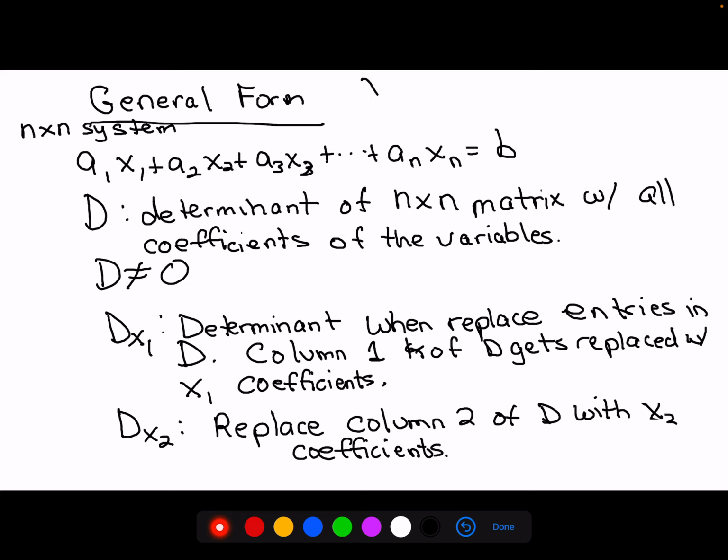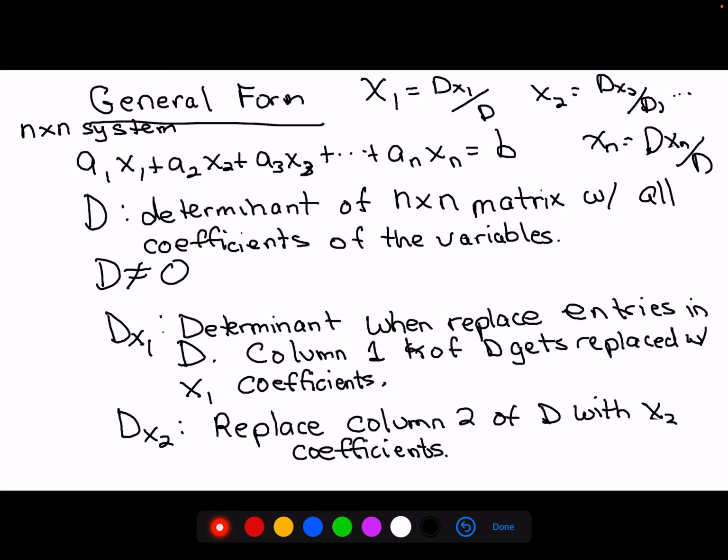So you're still going to get x sub 1 is D sub x1 over D, x sub 2 is D sub x2 over D, and so on, so D sub xn over D for x sub n. Same idea as 2 by 2, you're just expanding it.